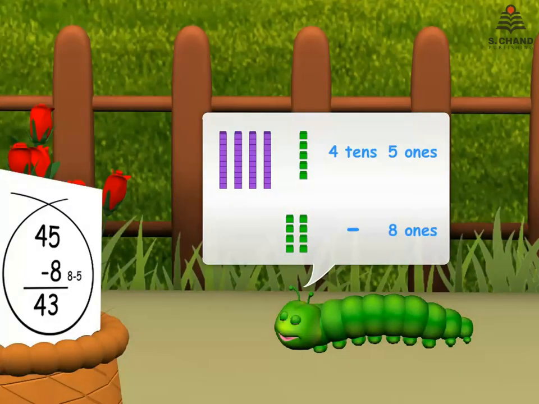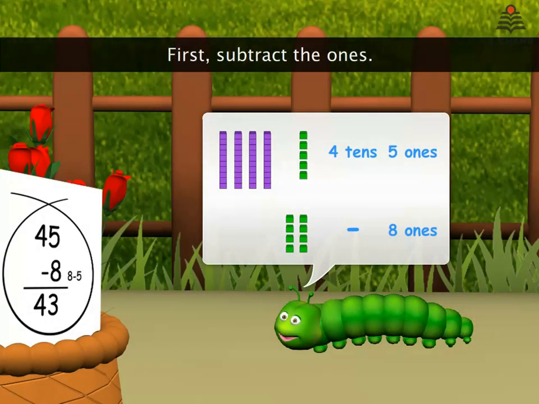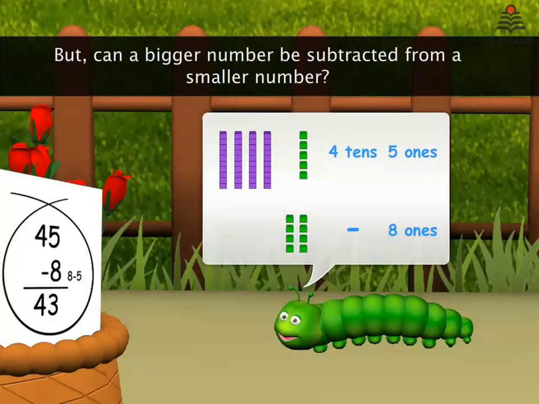In subtraction, we always start by subtracting the ones first. Here we have to subtract 8 ones from 5 ones. Subtracting means taking away, but 8 ones are more than 5 ones.